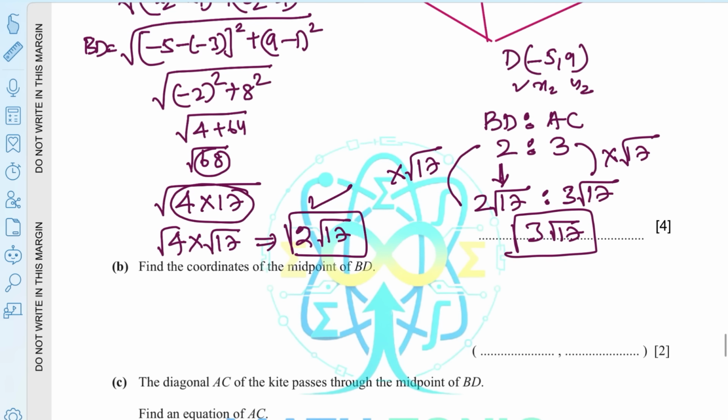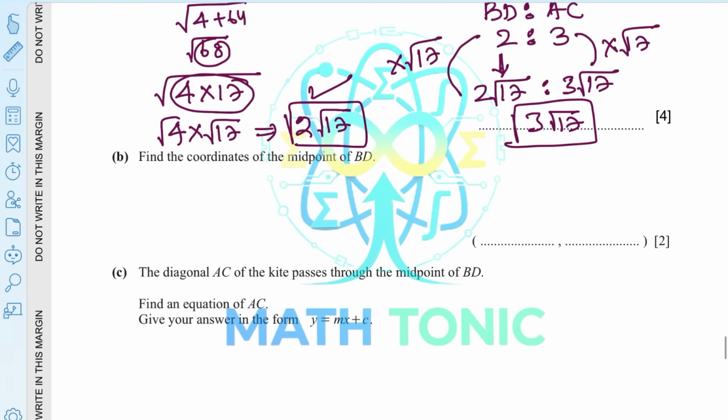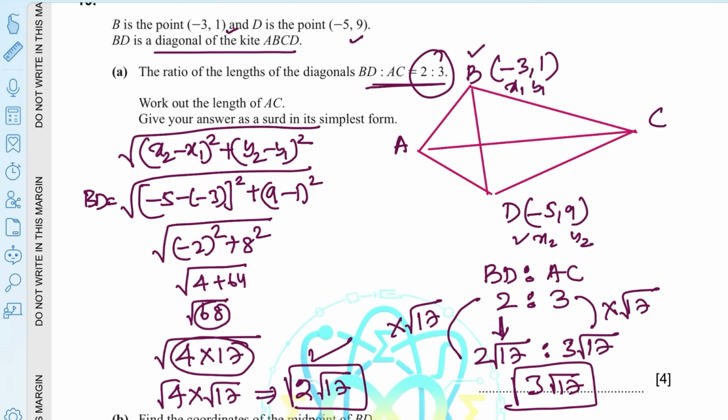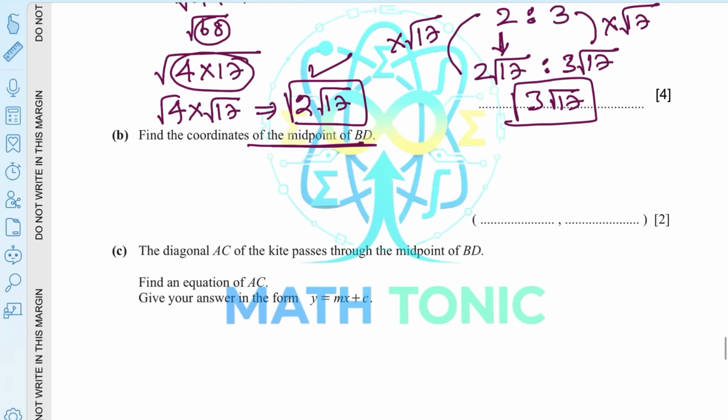Yes. So the next part is find the coordinates of the midpoint of BD. How to find the midpoint? The formula for midpoint, if you remember, is x1 plus x2 over 2, comma, y1 plus y2 over 2, right?